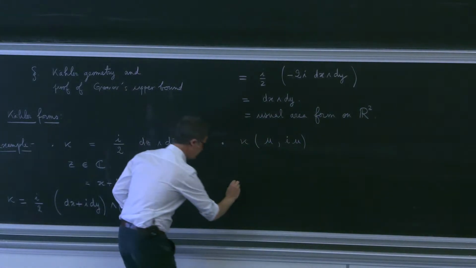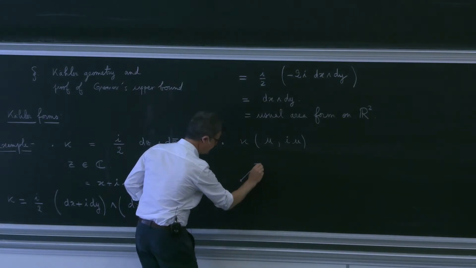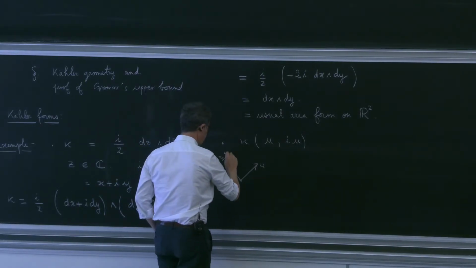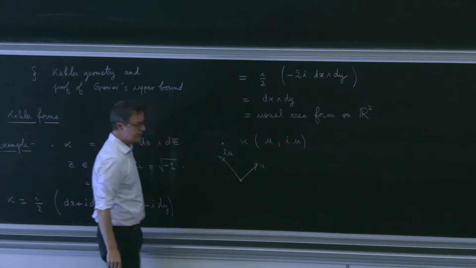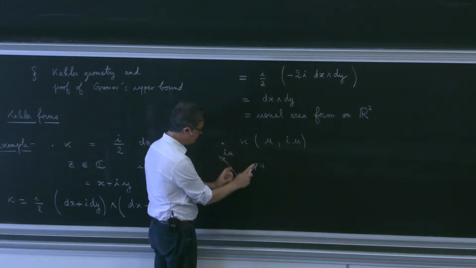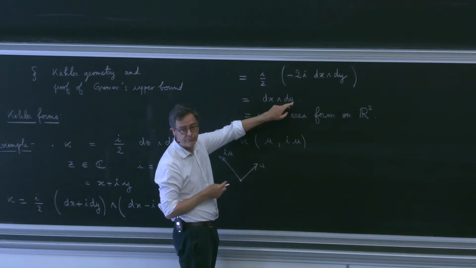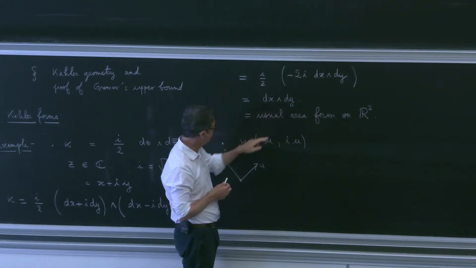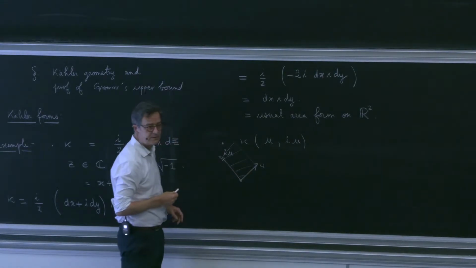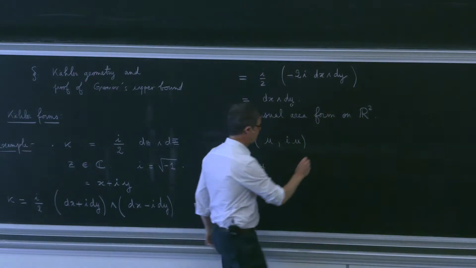Let me draw a picture. u is a tangent vector, and then I multiply u by i, so this is i u. I want to compute the value of this differential form on these two vectors. But this differential form is just the usual area form. So this value is just the area of this square. So it's the square of the modulus of u.